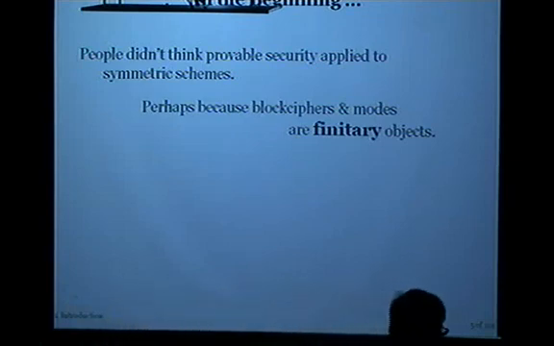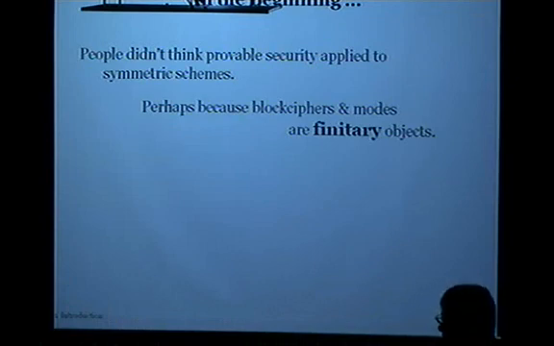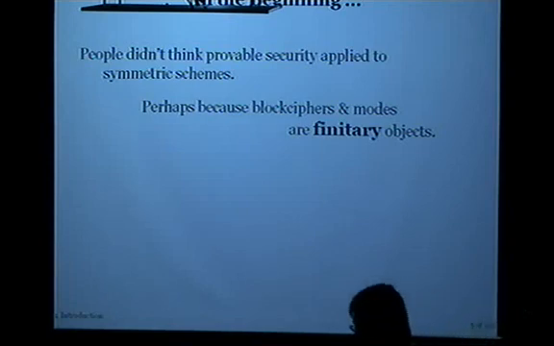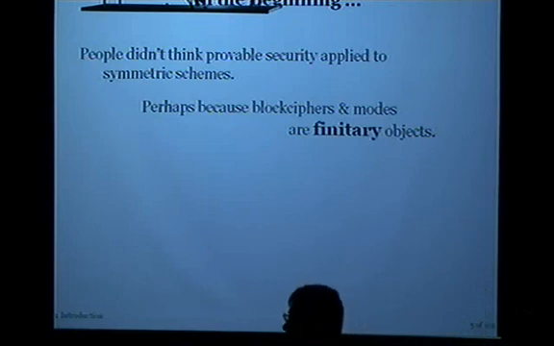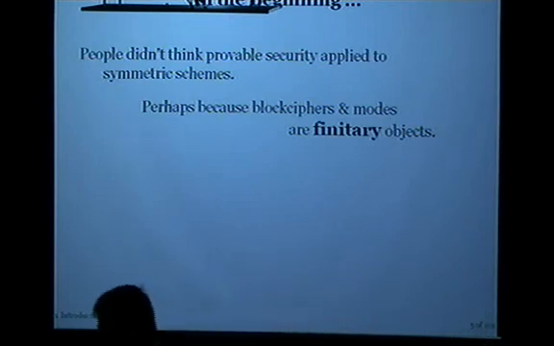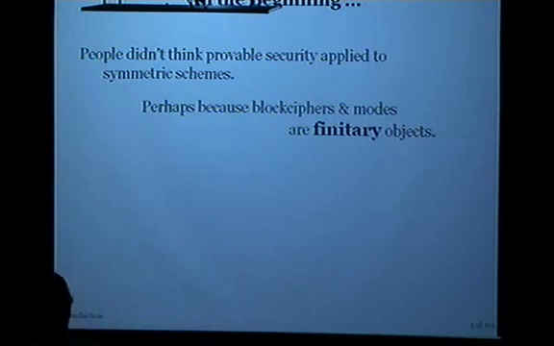And the reason it was assumed that provable security was not really applicable to these symmetric aims was that usually we're starting from a finite object. We're starting from a block cipher. It takes, for example, 128 bits of message and key and turns that into 128 bits of ciphertext. As a finitary object, there certainly exists another constant time adversary that does a good job in breaking it.